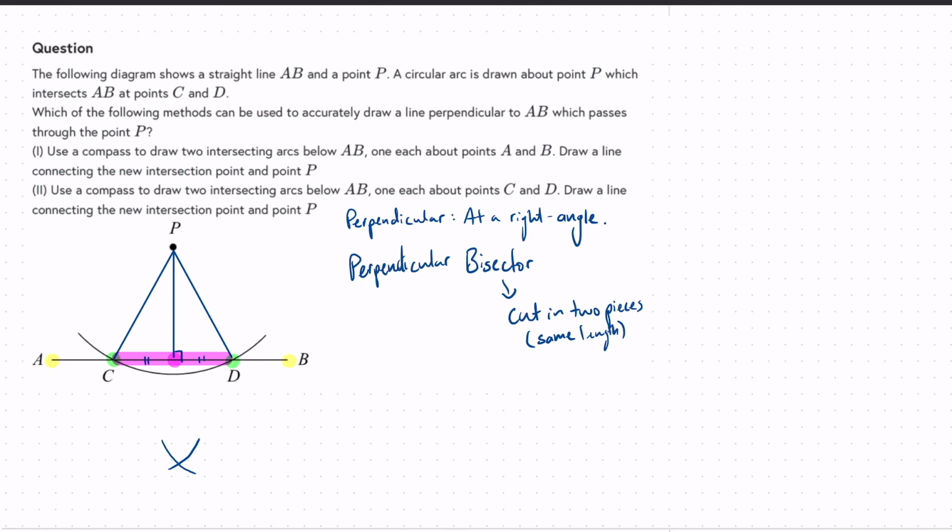And in doing so, I will find the perpendicular bisector that goes through point P. So which one of these is it? Well, use a compass at A and B, so it's not that, but this one is going through one each about points C and D. So which of the following methods? Method number 2.